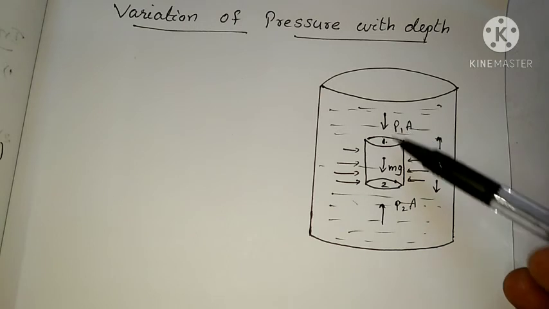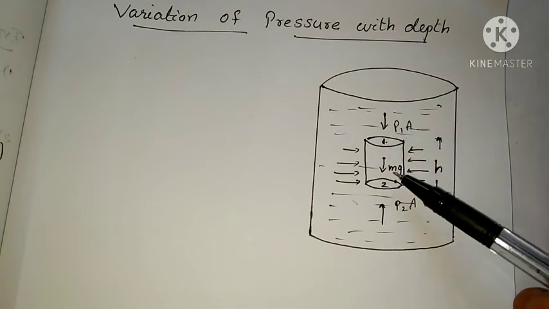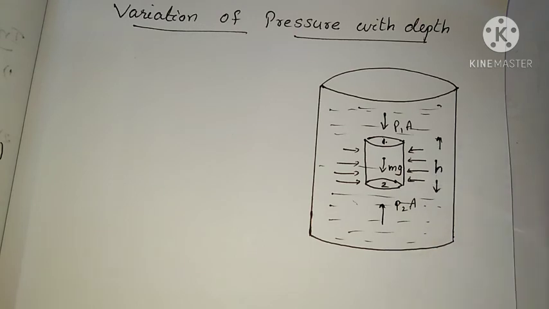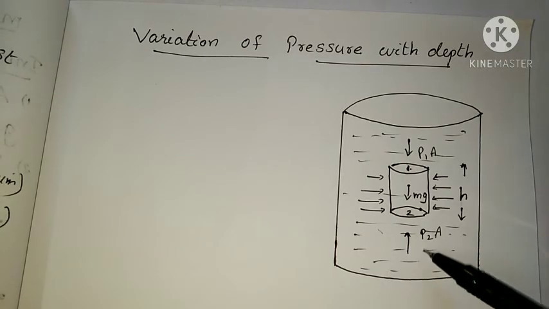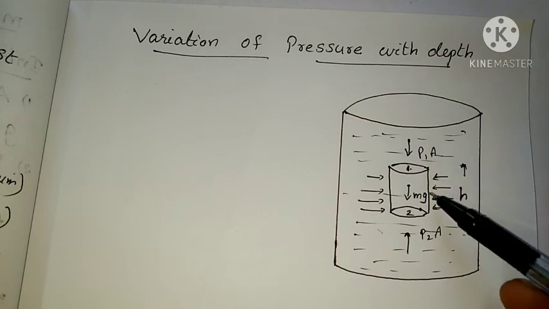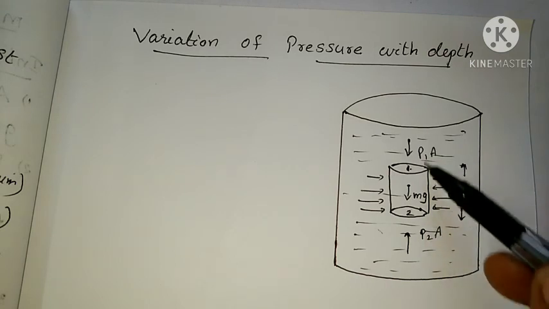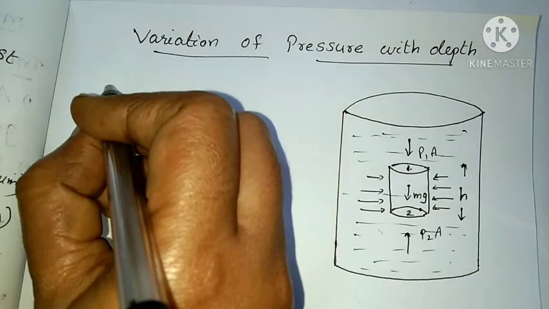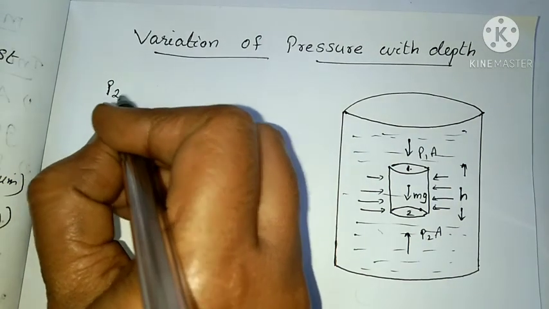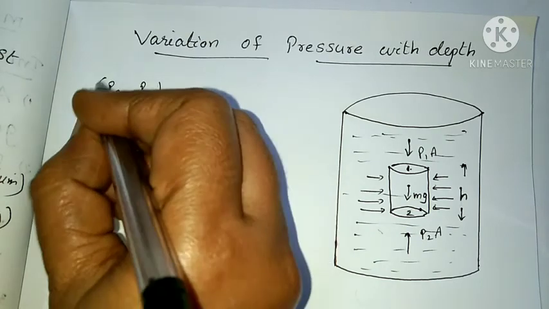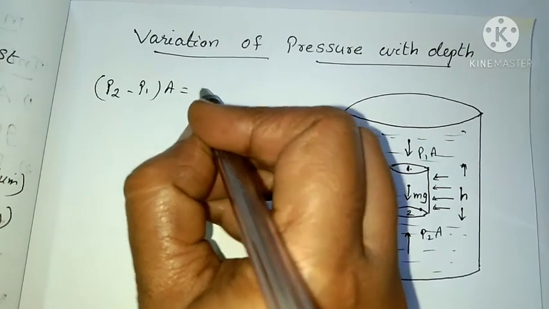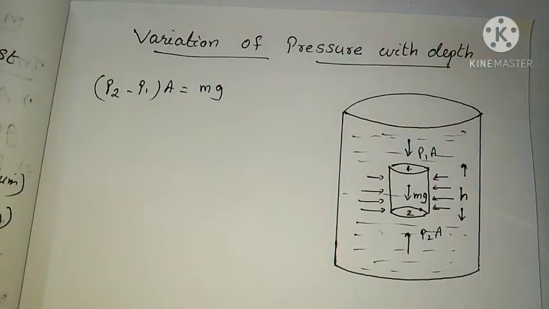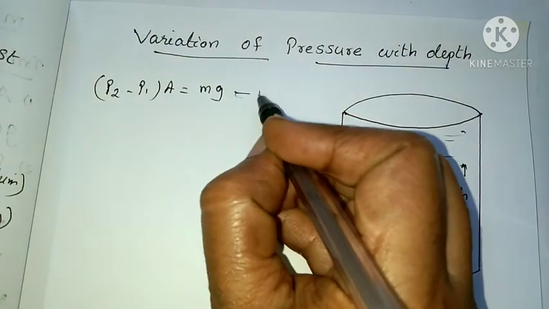The resultant of these two forces must be equal to the weight of the fluid element. So we can write P2A in the upward direction and P1A in the downward direction, so P2 minus P1 into A is equal to the weight of the fluid element. Clear? We note this as equation number 1.